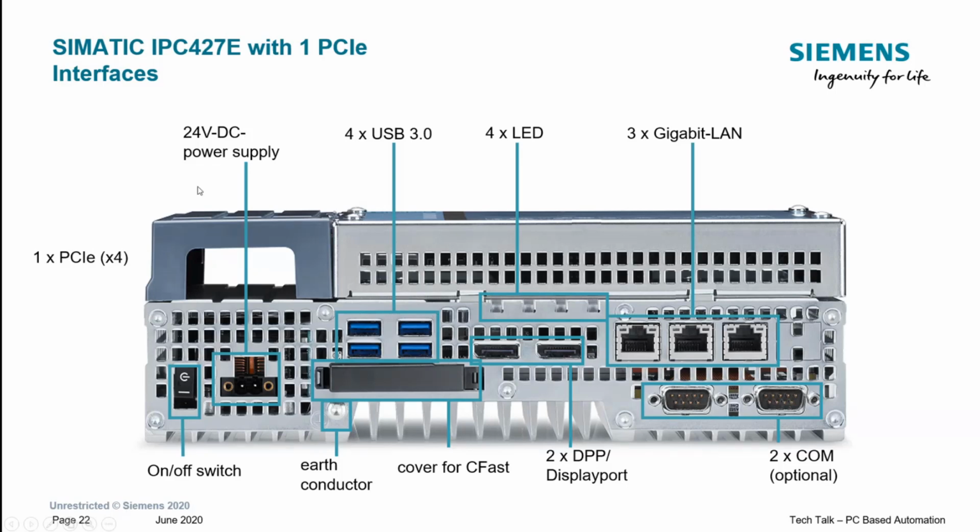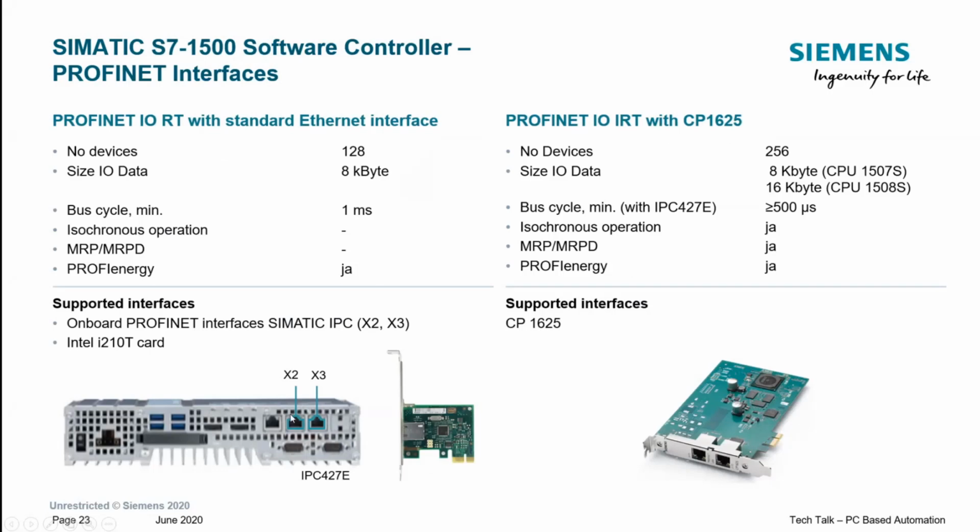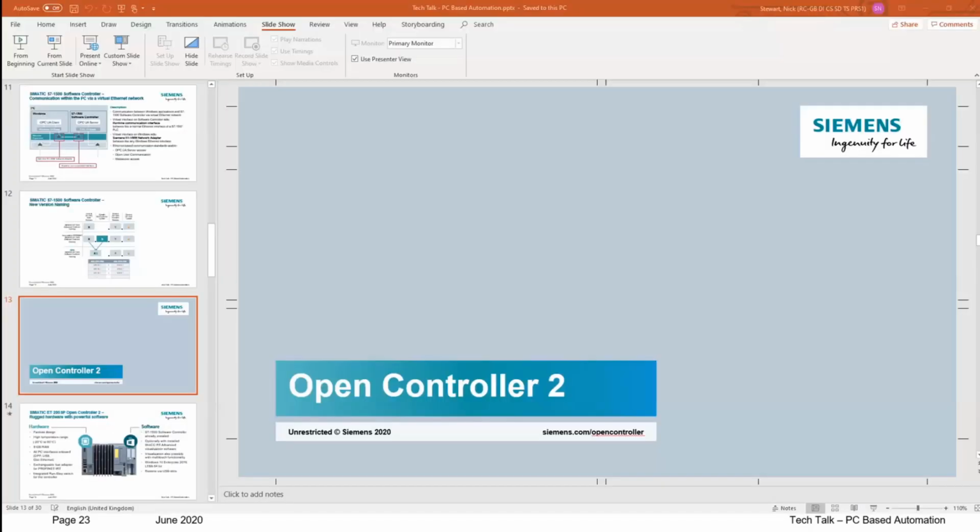But what we can do is get a variant of this 427E that does actually have some PCI expansion, so 1 or 2 slots. And then what that does allow us to do is use things like the CP1625. We can then hook that up to our IPC, and then we can have ourselves some isochronous real-time comms coming straight out of these software controllers.